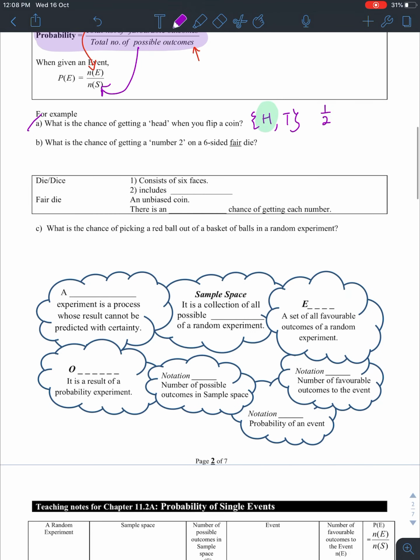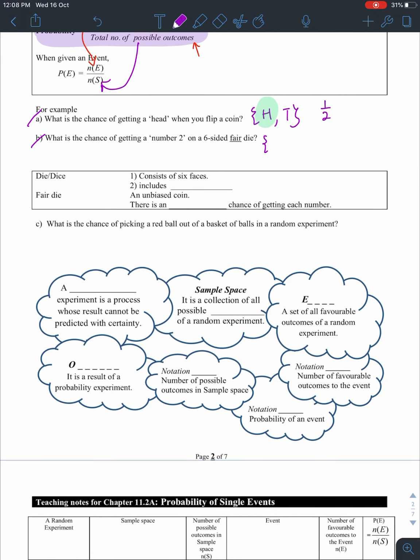The second part: what's the chance of getting a number 2 on a 6-sided fair die? What is the total number of possible outcomes for a 6-sided die? You can get 1, 2, 3, 4, 5, or 6. The chance of getting 2 is simply 1 out of 6.